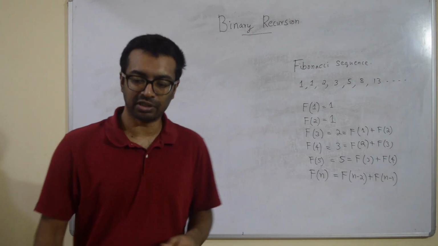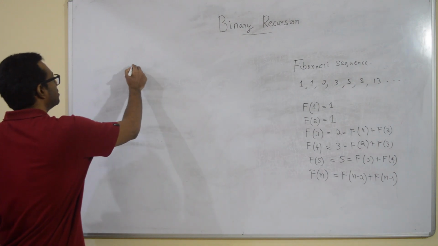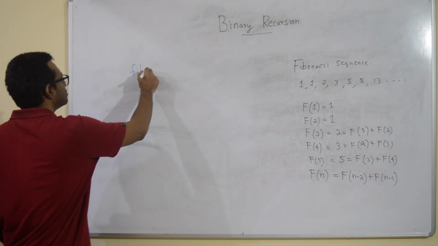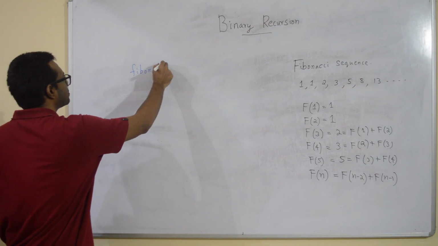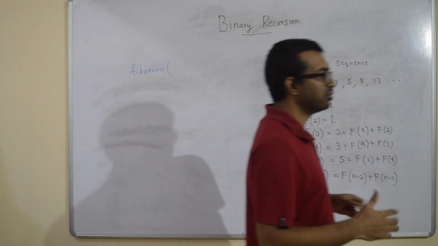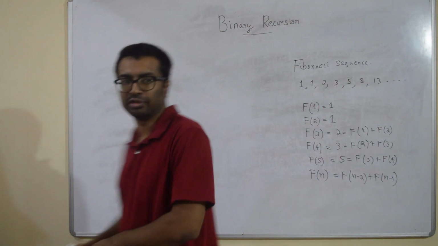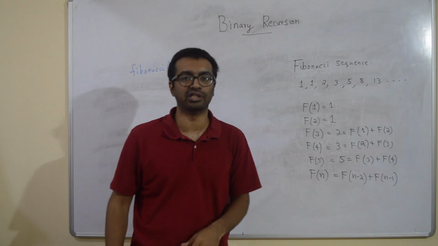So I'm going to name this function Fibonacci. What is the input to this Fibonacci function? The input is going to be an integer because I am interested in the nth Fibonacci number.